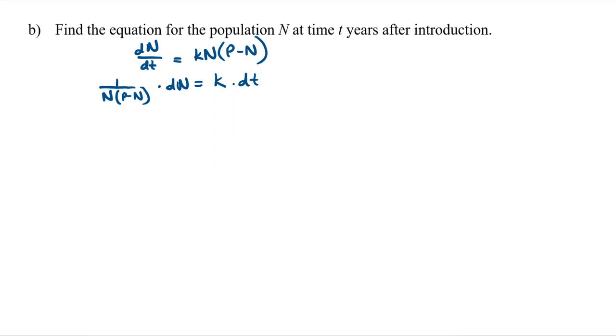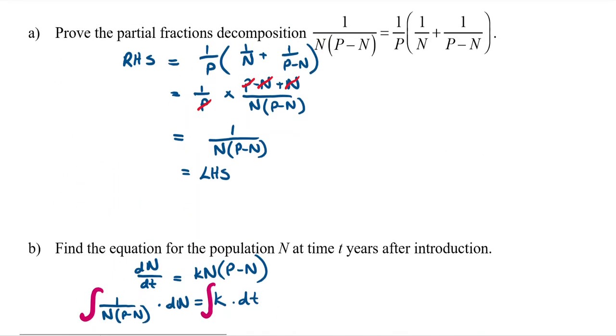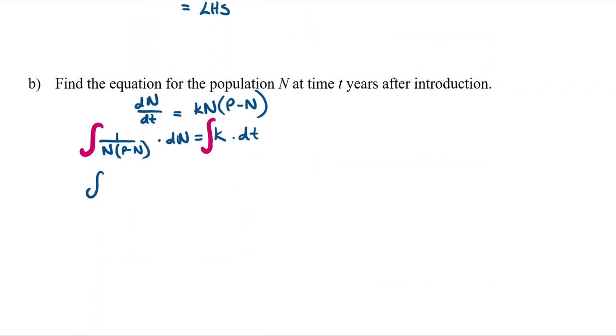Now we know that we need to integrate this. I need to integrate that side and that side, but I can't integrate 1 over N(P minus N). This is where the partial fraction decomposition comes in. We want to split that fraction to be the integral of 1/P, which is a constant, so it might even be easier to put the 1/P at the front of the integral sign.